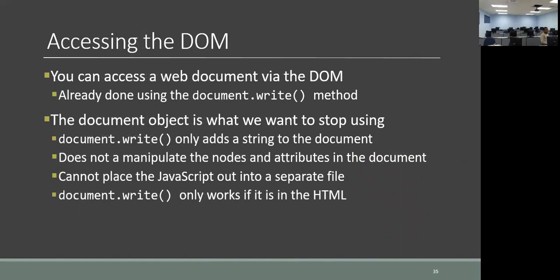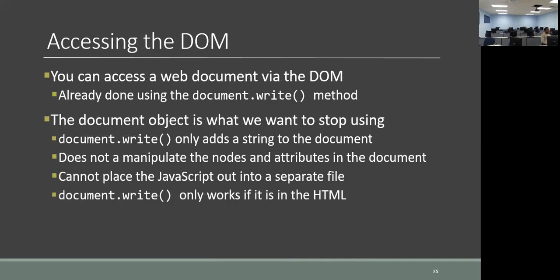The idea behind document.write was that you simply write text, a string, onto the browser. Now, document.write isn't an example of accessing the document object model, because all it really does is take your HTML document and add a string node to it.